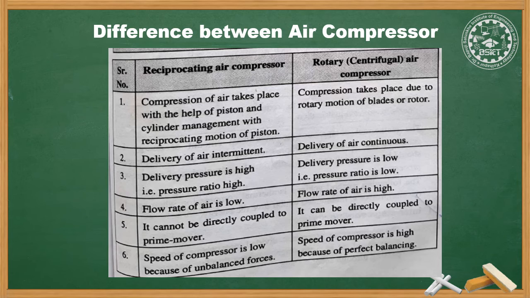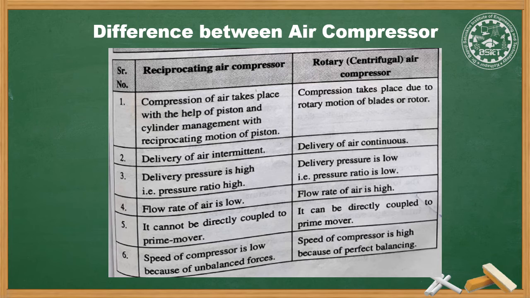In the reciprocating air compressor, delivery of air is intermittent, whereas in the rotary air compressor, delivery of air is continuous. Delivery pressure and pressure ratio are high in the reciprocating air compressor, whereas delivery pressure and pressure ratio are low in the rotary air compressor.